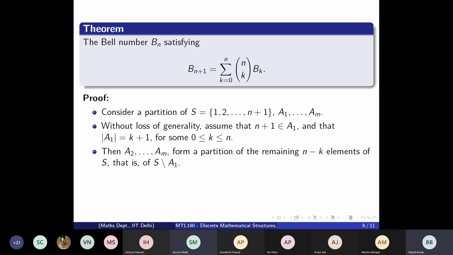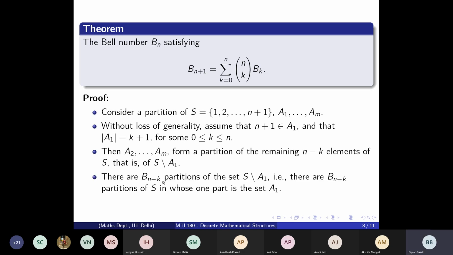It is just B(n minus k), because S minus A1 has n minus k elements. That is the definition of the Bell number. So there are B(n minus k) partitions of these sets. In other words, B(n minus k) is the number of partitions of S whose one part is A1.